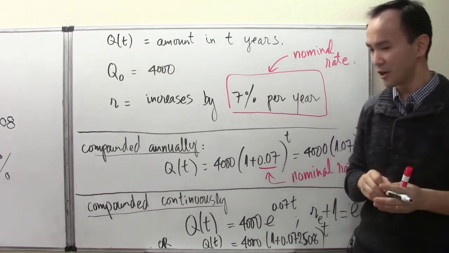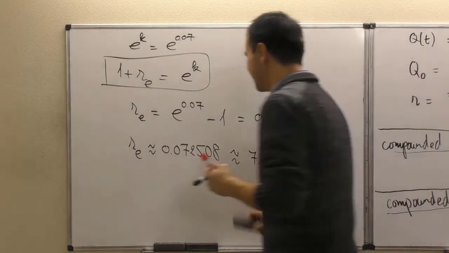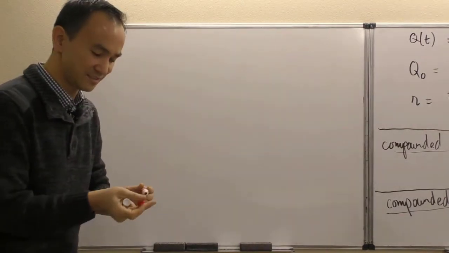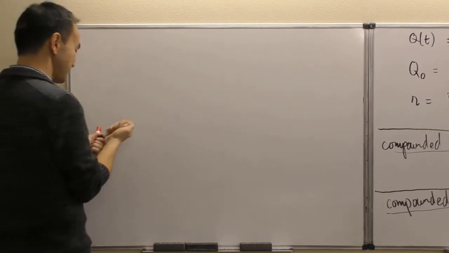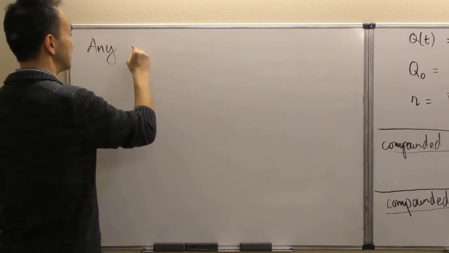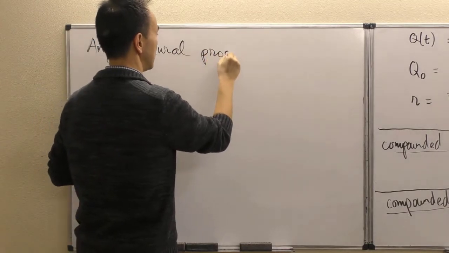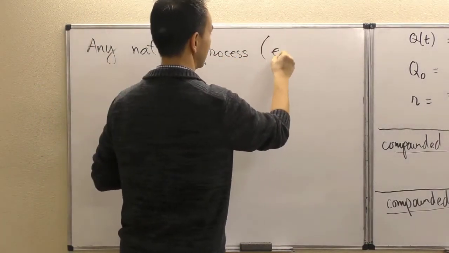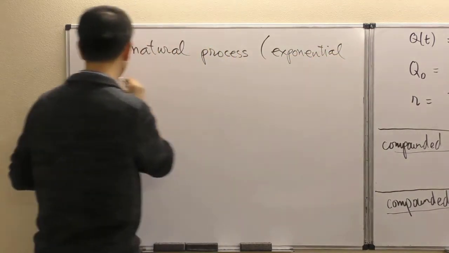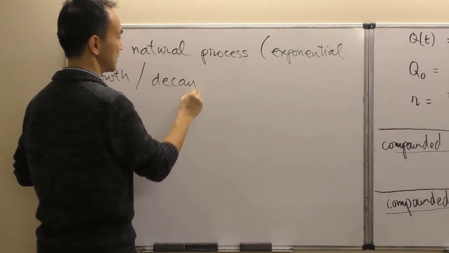Now allow me to write down that quick line that I said. Any natural process, either an exponential growth or a decay, that's what I mean by a natural process.